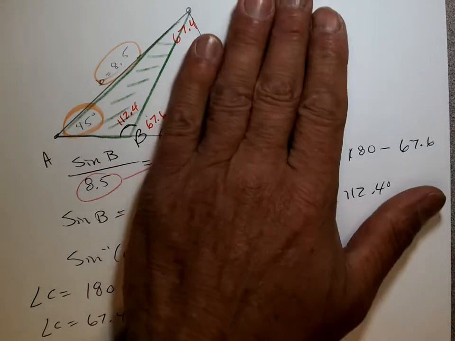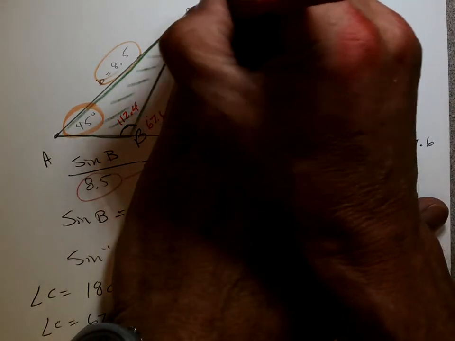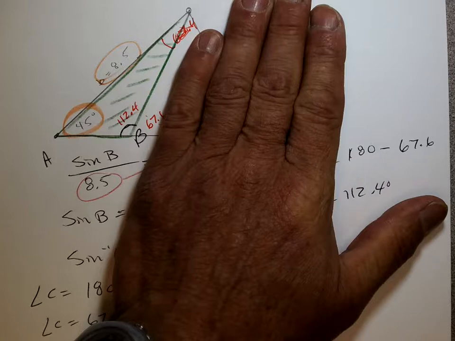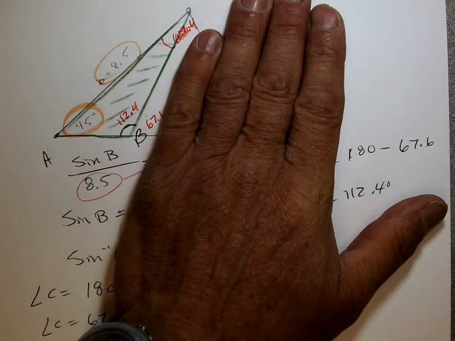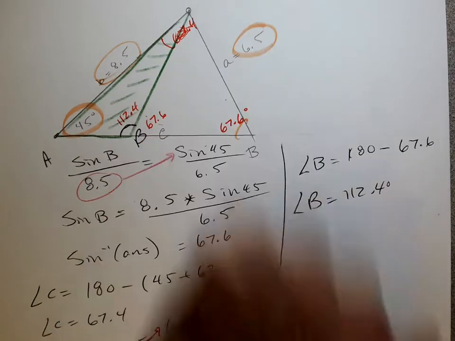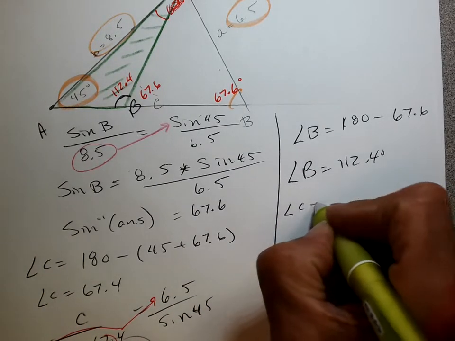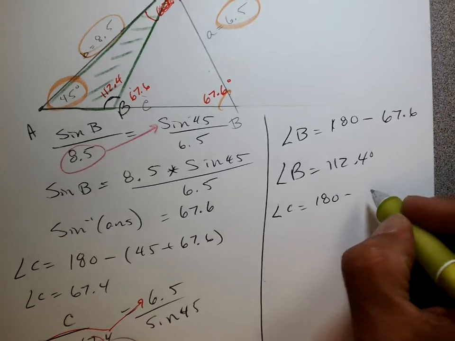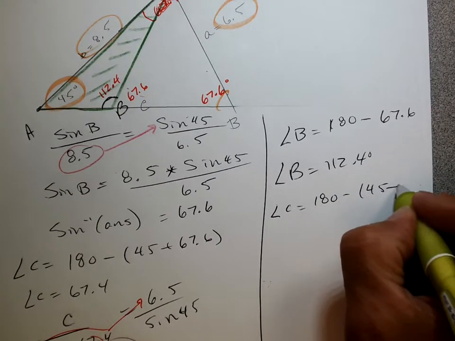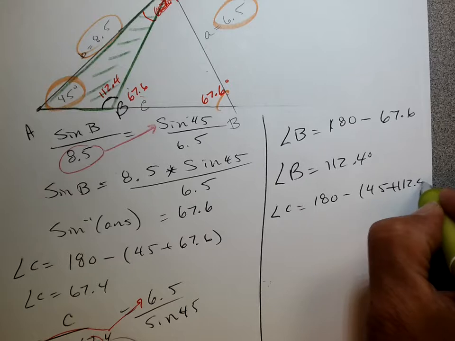Okay, now the big triangle's not there anymore, so this is no longer 67.4, is it, right? It's much smaller, right? And out of 180 degrees, I can find that now, but it's going to be a different angle. So for angle C, we'll go 180 minus my 45 plus my 112.4.